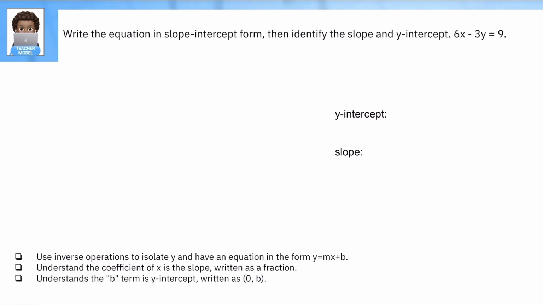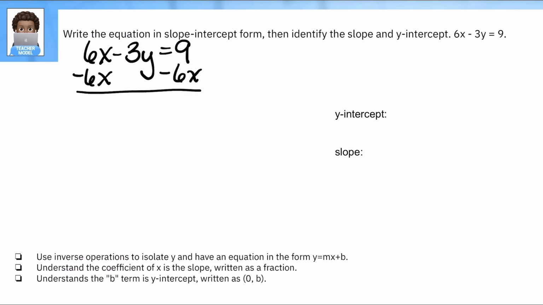First thing I'm going to do is I'm going to take our equation, 6x minus 3y equals 9, and I'm going to put it into y-intercept form. I'm going to subtract 6x, and now I have -3y is equal to -6x plus 9.